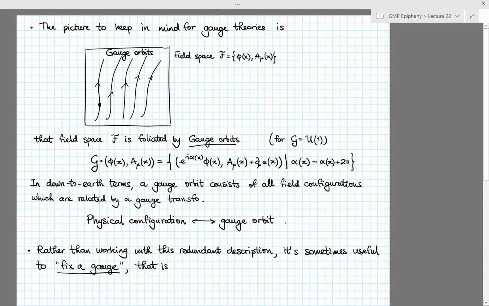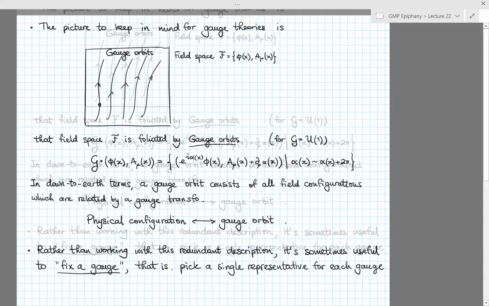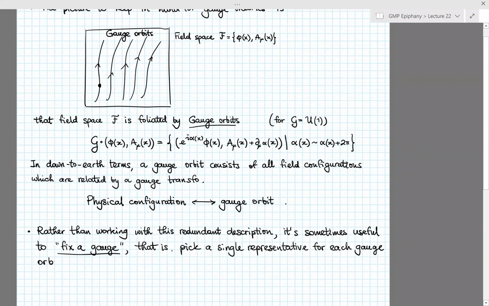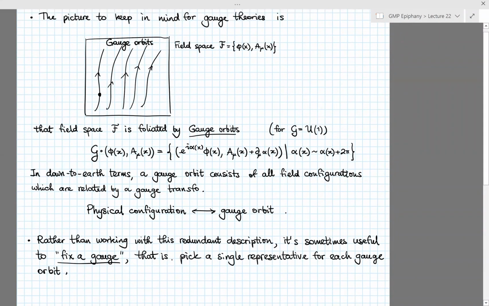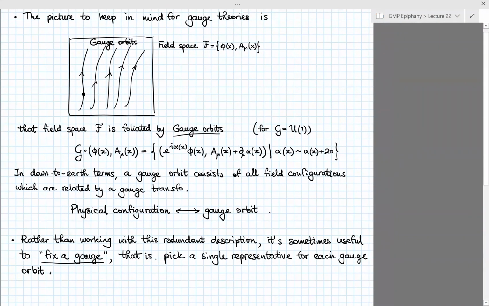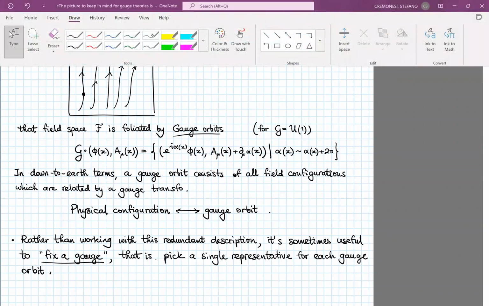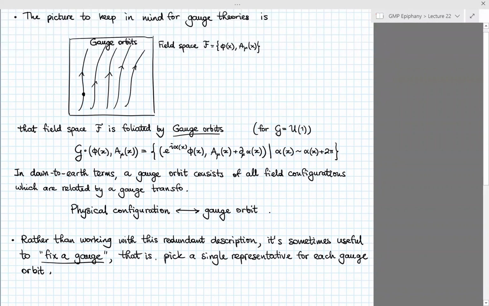That is, pick a single representative for each gauge orbit. So any representative is good because after all, they're all physically equivalent, but we need to make sure, ideally, that we cut each gauge orbit exactly once.